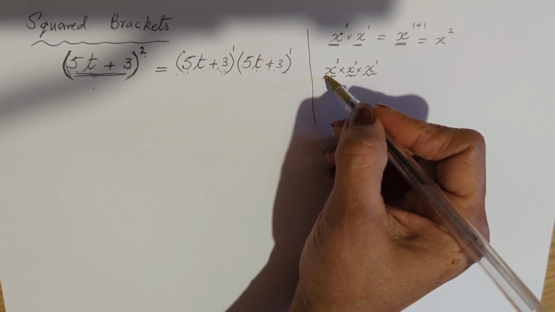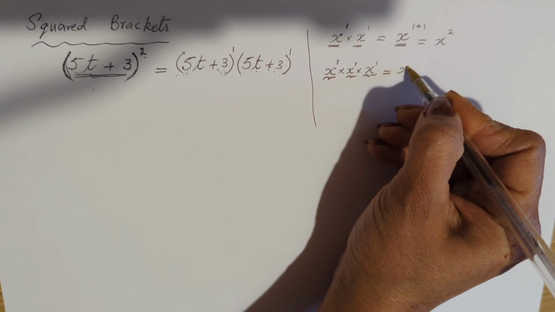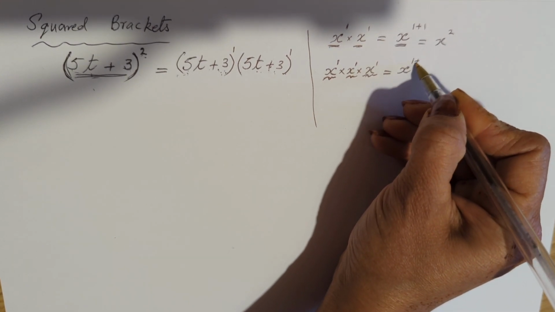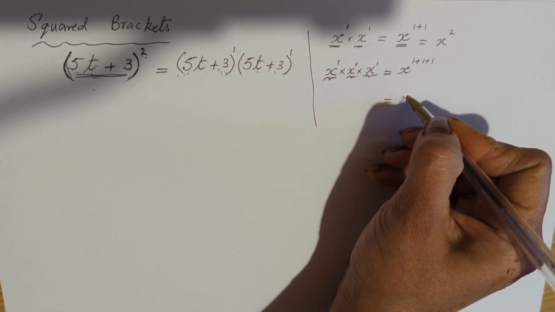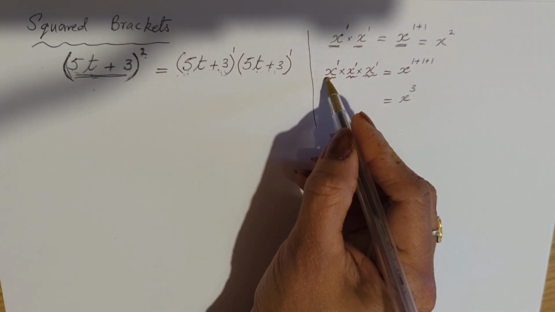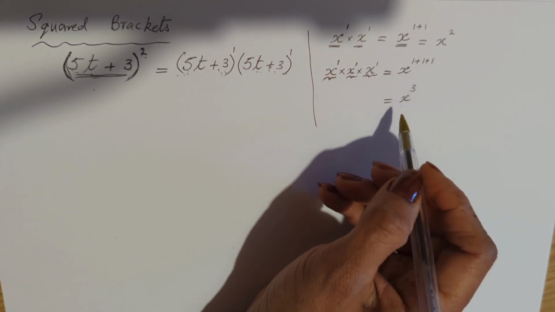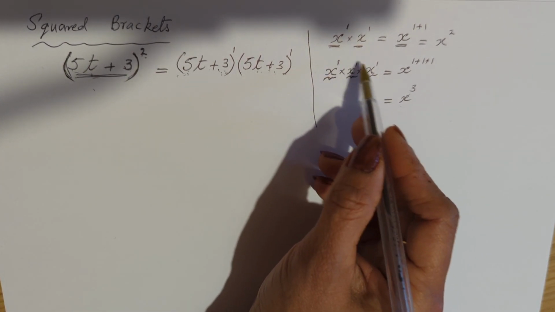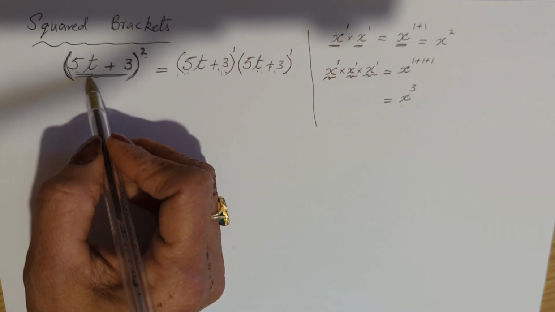If the bases are the same and they are multiplying each other, then their powers or indices will be added. So the answer of x multiplied by x multiplied by x will be x power 3. Bases are same, we can add their powers. So the same process is here.